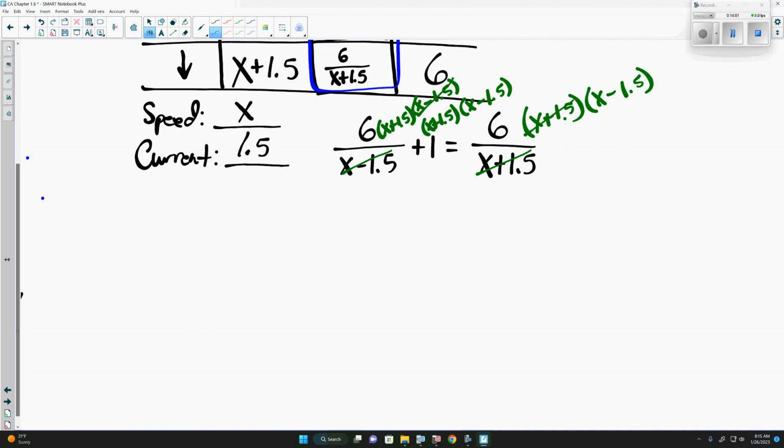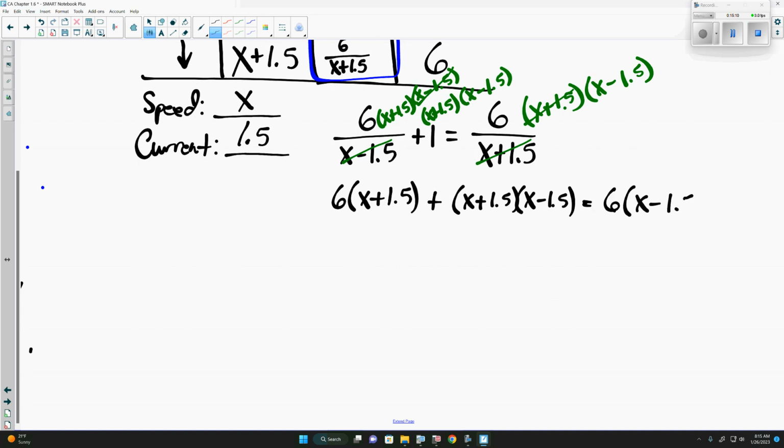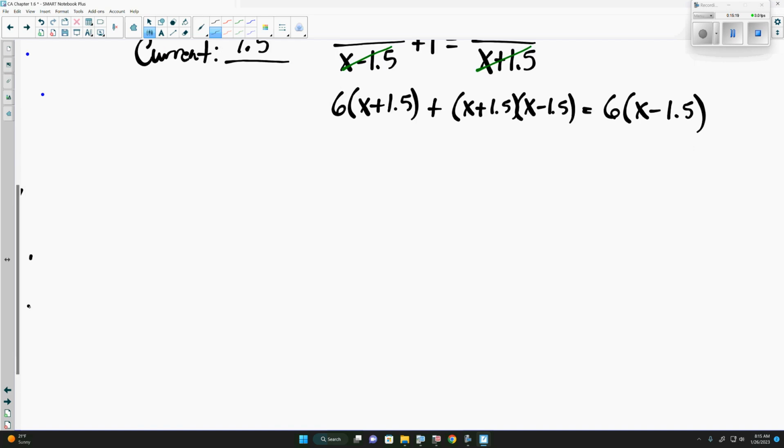And with that, all the denominators will be gone, leaving us with 6 times x plus 1.5, plus x plus 1.5 times x minus 1.5, is equal to 6 times x minus 1.5. And now we can start solving from here.